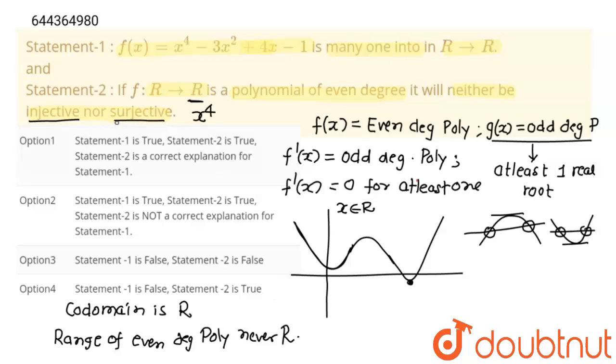And what is surjective? Surjective is onto. So here it is saying not onto. Not onto means into, which means that statement 2 is correct.